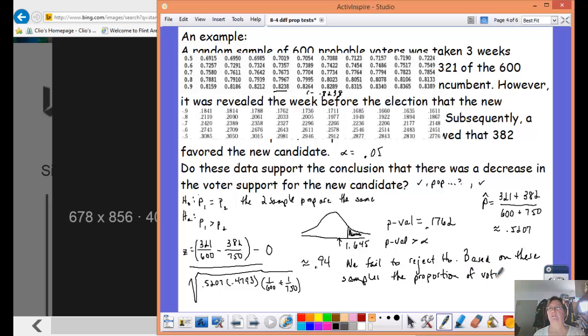It is not significantly different after the big reveal.